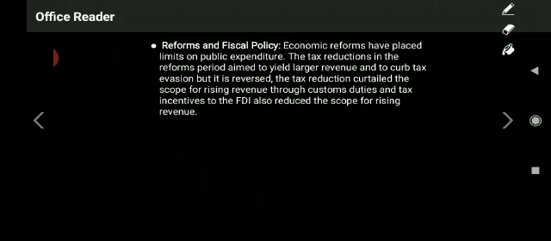It means, what? The tax reductions in the reforms period aimed to yield larger revenue. What the Government of India thought during the reforms period was that once the taxes were reduced, we would automatically be able to increase the tax revenue as well as control tax evasion. Tax evasion means people escaping from paying taxes to the government.